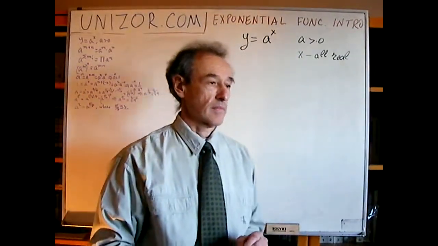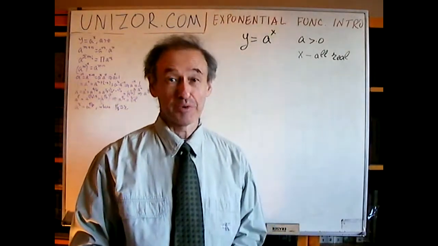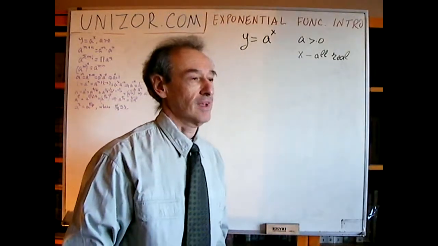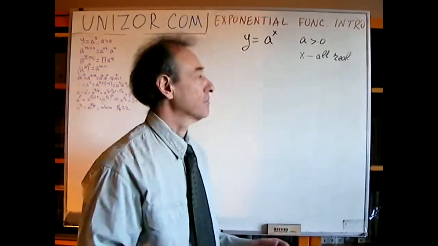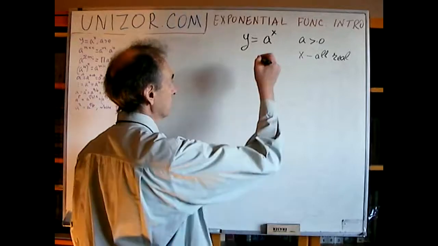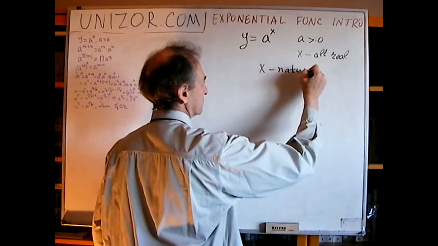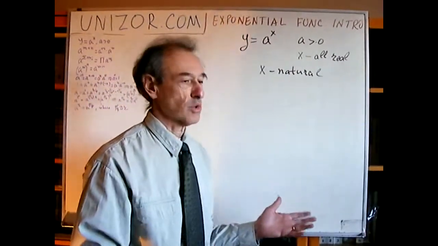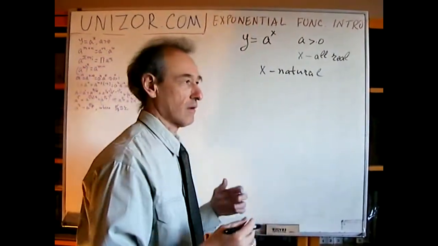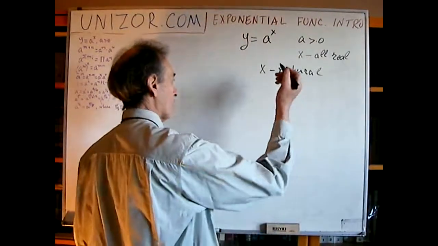Well, it's fine to define something, but then I have to explain what I really mean, right? All right. Let me start from a very simple case. If x is natural number, usually when we are talking about natural numbers, we try to use some letters like m, n, or k, or whatever.